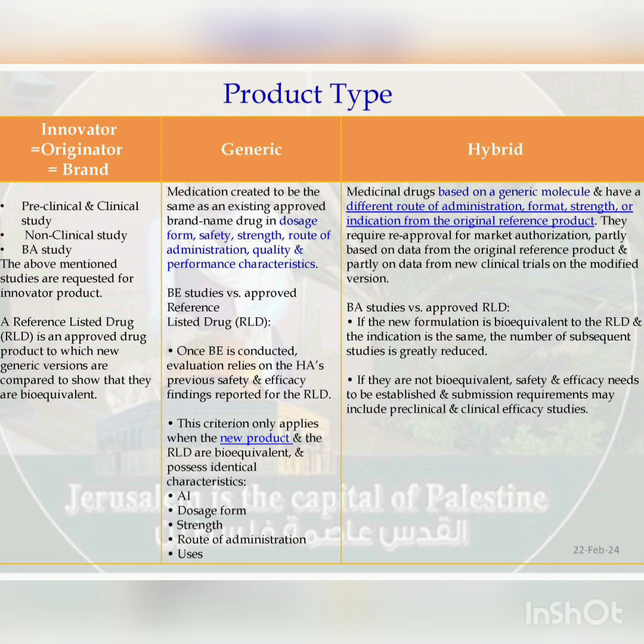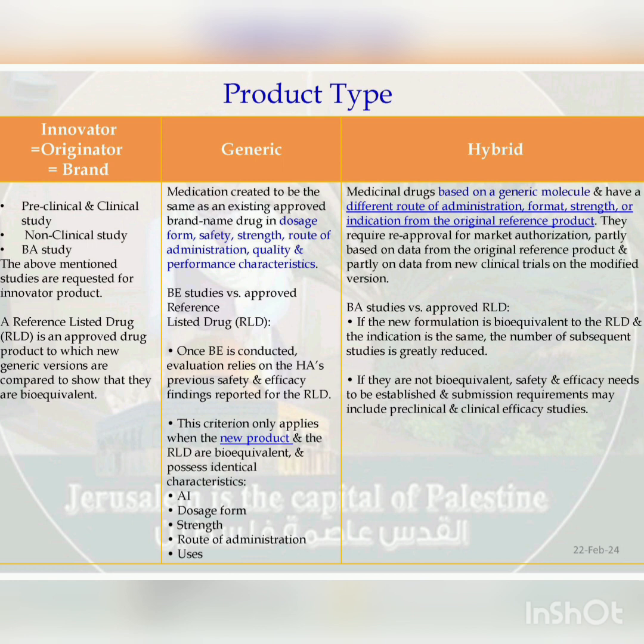The product type. In this table, you will know the difference between the innovator, generic, and hybrid product. The innovator product is named the originator or brand product.